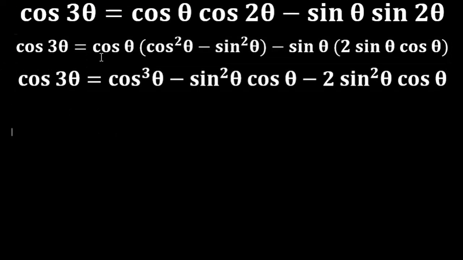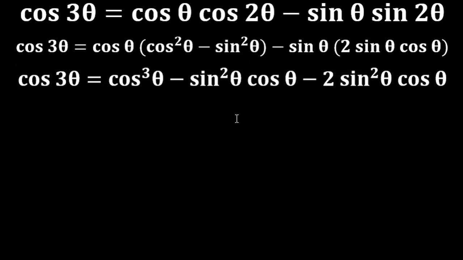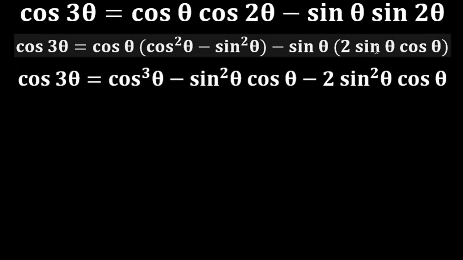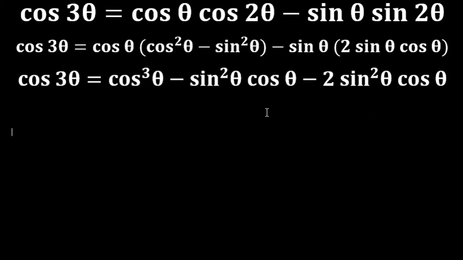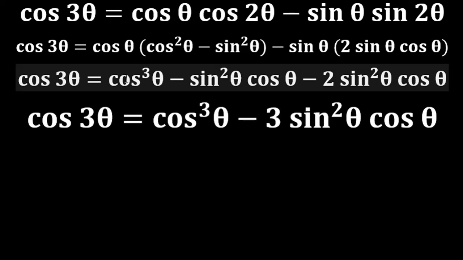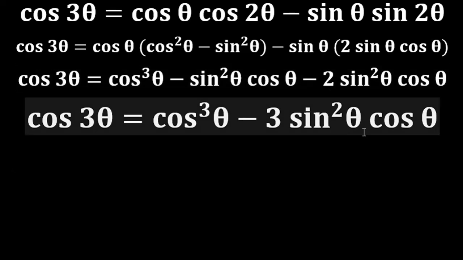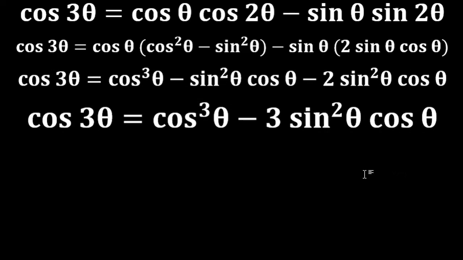Therefore, this is cosine cubed theta minus sine squared theta cosine theta minus 2 sine squared theta cosine theta. So this is equal to cosine cubed theta minus 3 sine squared theta cosine theta.